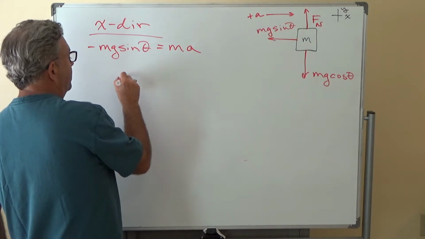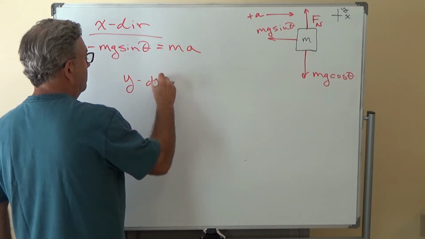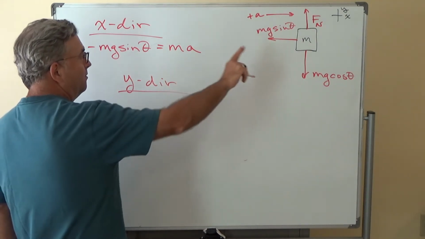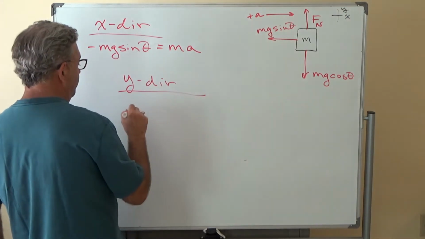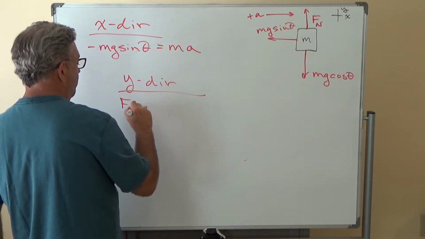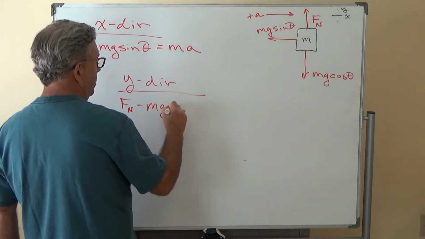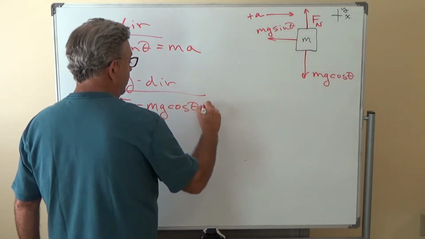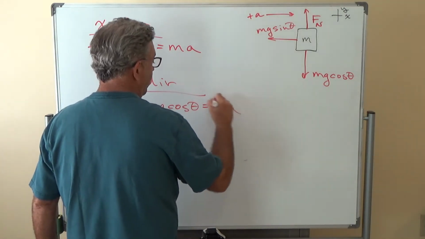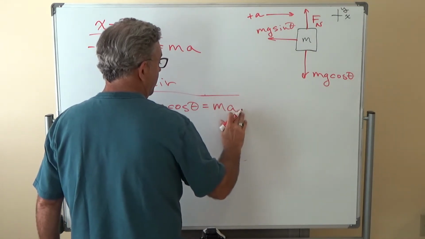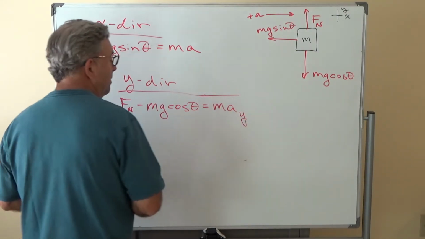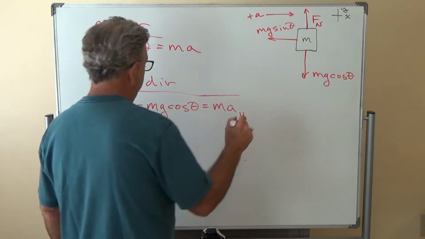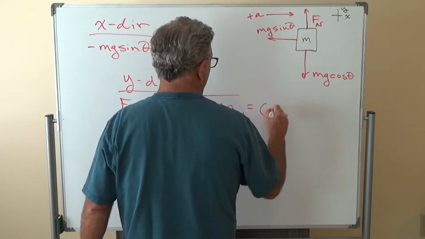In the y direction, we have up will be positive, down will be negative. The normal force minus mg cosine theta is equal to ma, and I will put a y on that. But there's no acceleration in the y direction.